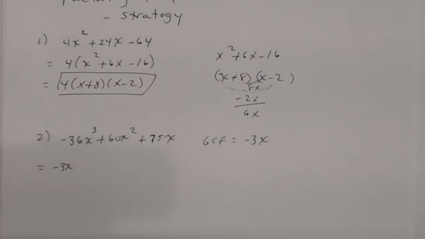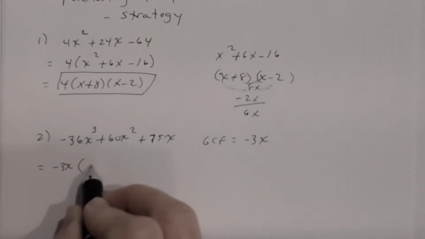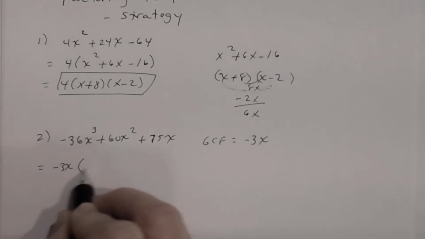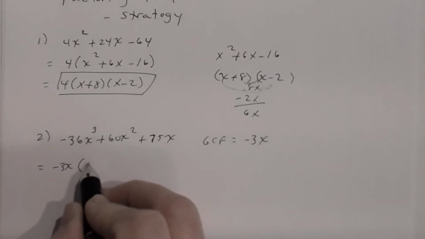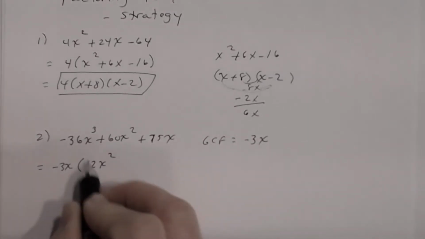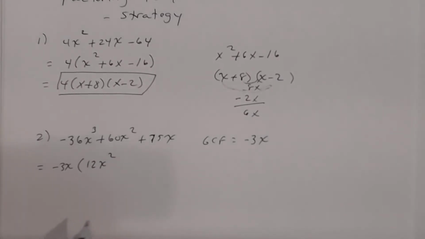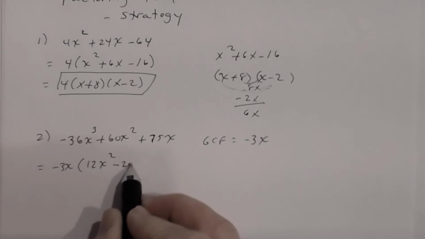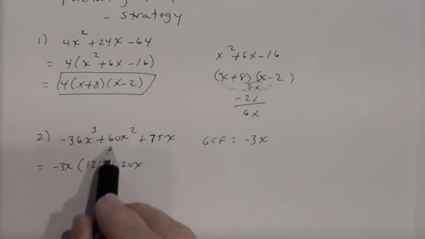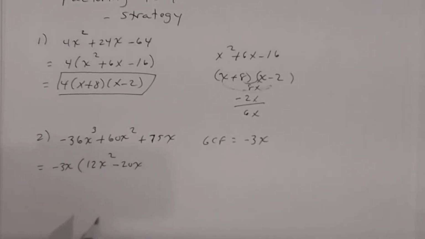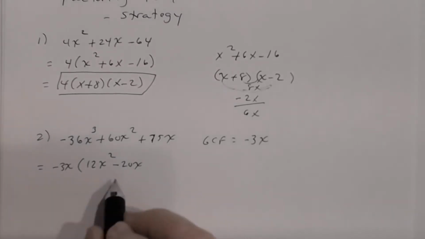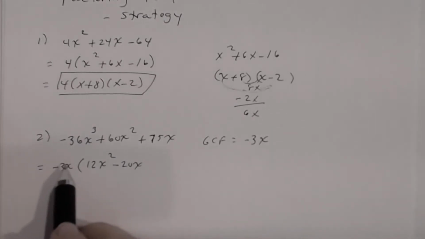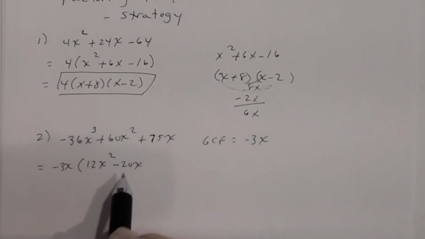That's my GCF. So then when I do that, I get negative 3x times, this is going to be negative 3x times 12x squared is negative 36x cubed. Negative 3x times a negative 20x is a positive 60x squared. And then a negative 3x. And remember our discussion in the past, when you factor out a negative, always be careful with these signs.